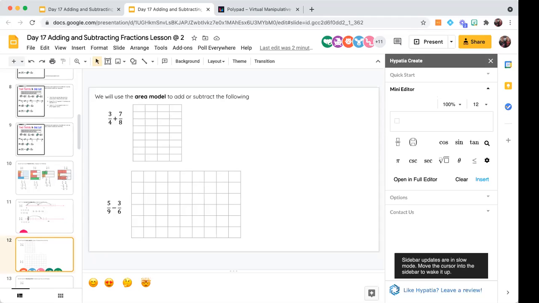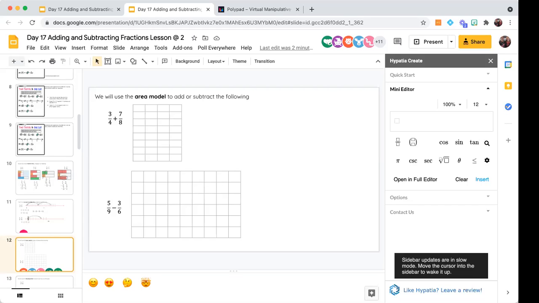Notice how my first fraction, 4, is broken into 4 columns, and I did 9 columns along the top. They could go either way. So I could have 8 columns with 4 rows. It doesn't matter at all.